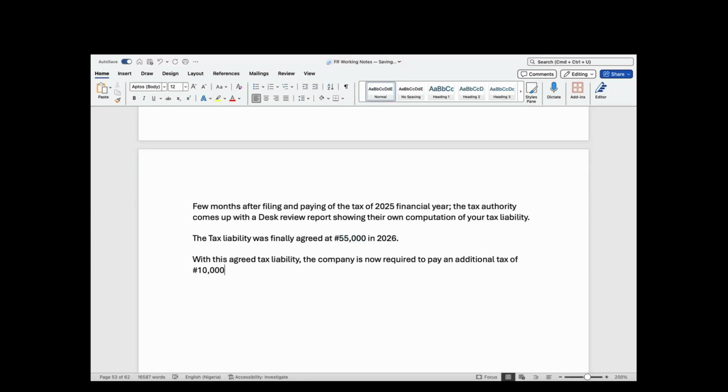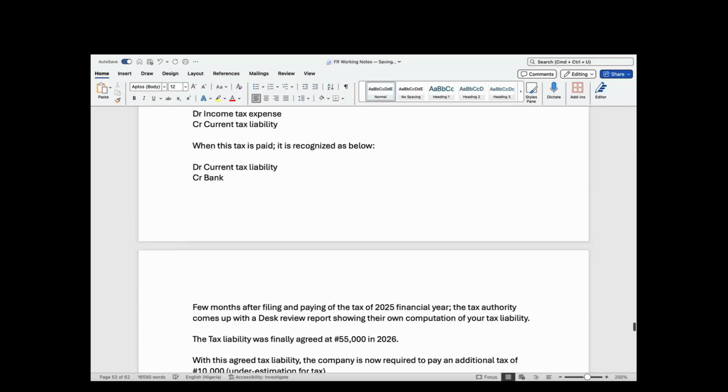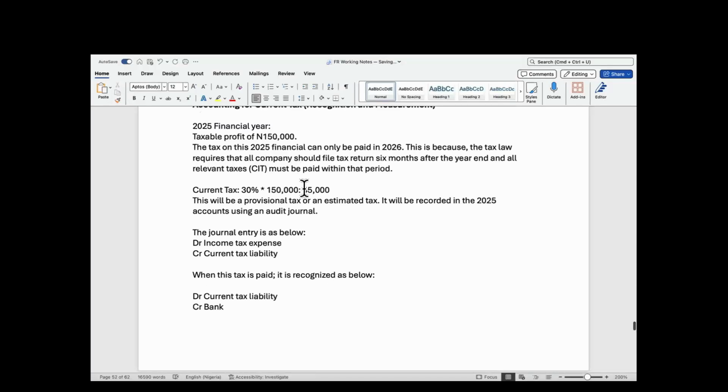So now, this 10,000 naira, you as accountant, we call this an underestimation for tax. Underestimation, that's what we call it, or under provision for tax. Remember, I told you that the tax that you have computed, or your tax consultant has computed, is a provisional tax or an estimated tax.